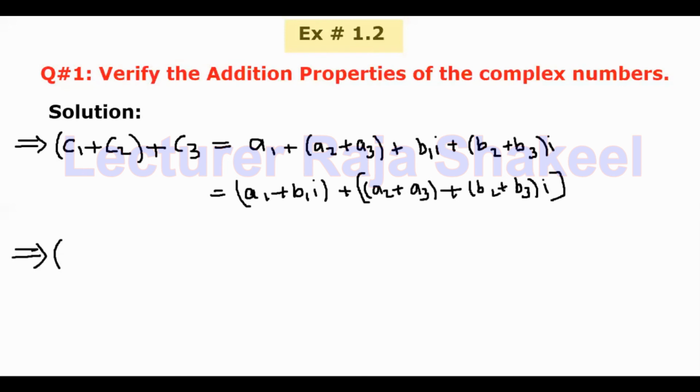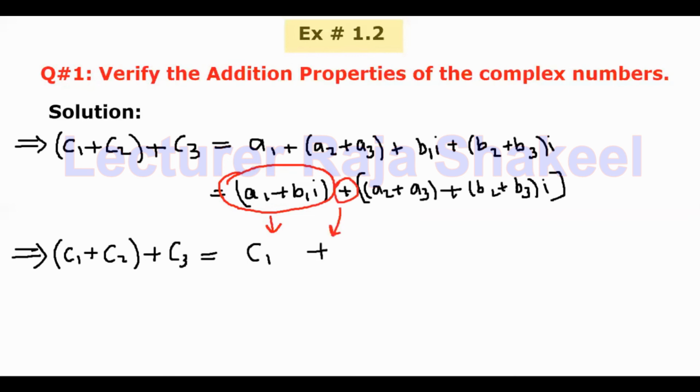You know that here a1 plus b1 iota is basically c1, the first complex number which we had supposed, while the plus sign is next, so plus is being written here.